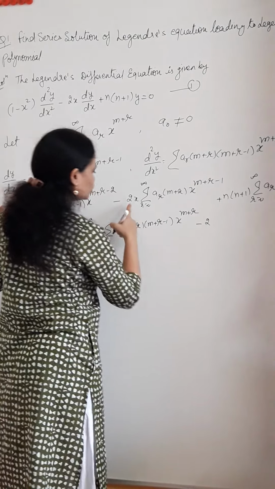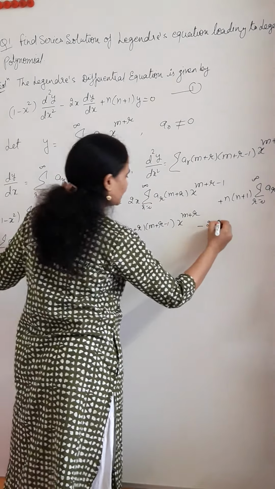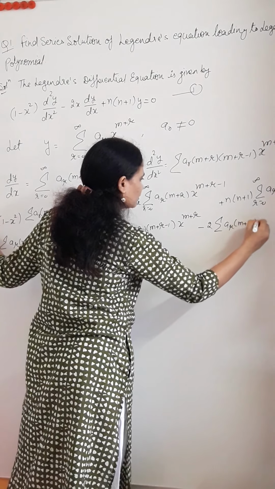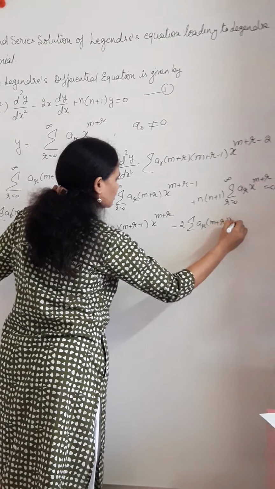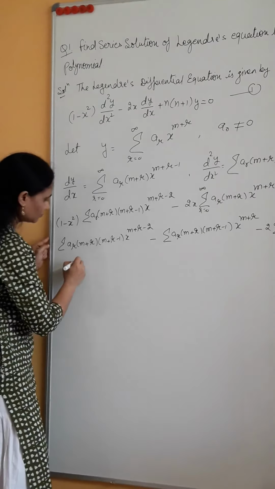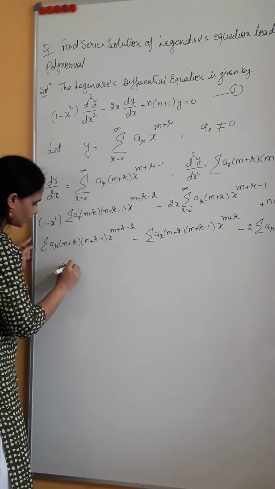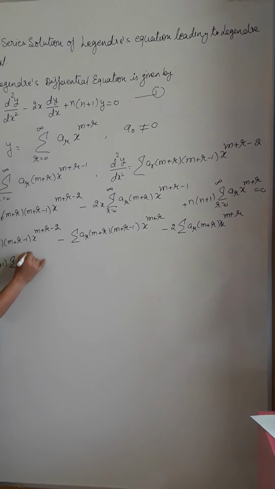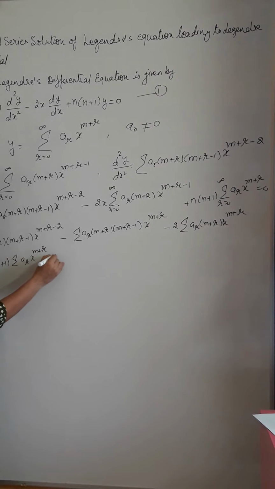Similarly, minus 2x, when x is multiplied here, gives a_r (m plus r) x power (m plus r). And then the last term n(n plus 1) a_r x power (m plus r) is equal to 0.